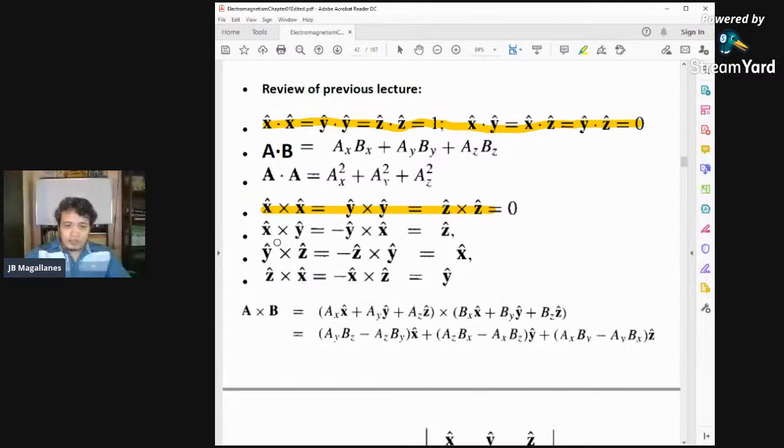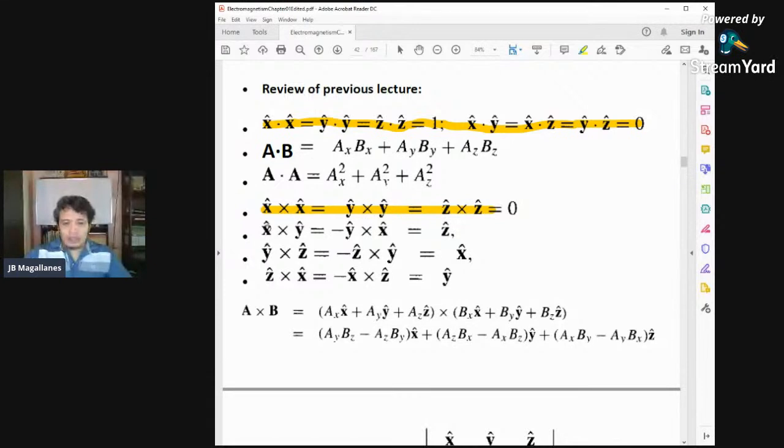For crossing a perpendicular vector to another, the direction will depend on your right hand. So x cross y is equal to z, but the reverse of that, y cross x, would be negative z.